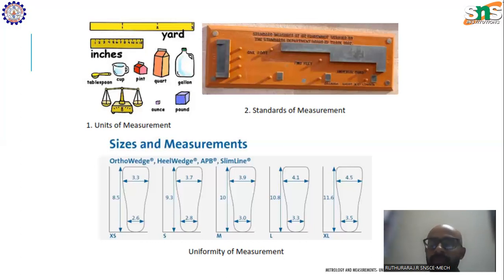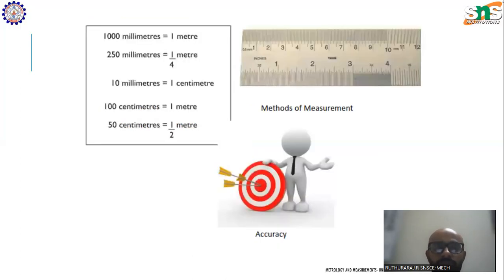The need for the standard measuring instrument is to ensure uniformity, so that there is no deviation in the measuring process. That's the reason why you are going for standard measuring instruments.